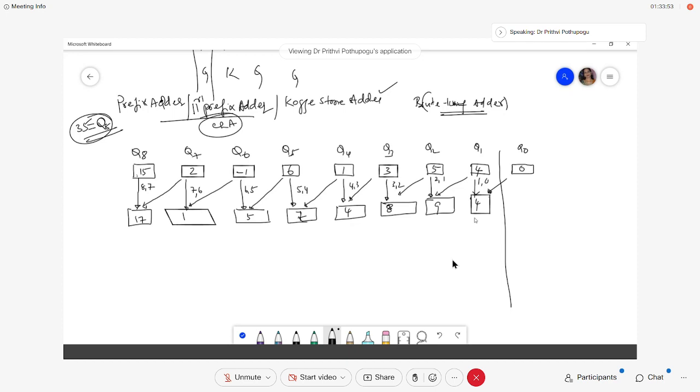Okay. Now for this Q0 fellow, there is no neighbor. There is no neighbor, so there won't be any value. So 0 will be 0 as it is. So we say that this Q0 is settled.